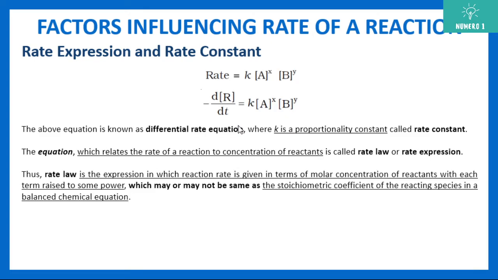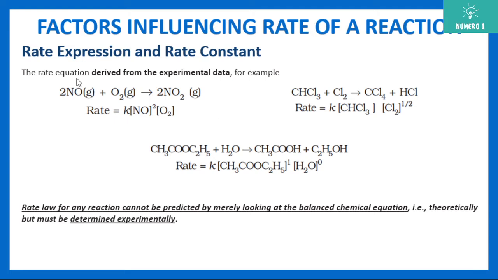We will see why. Here are some examples of rate expressions and rate constants. These are actually derived from experimentation only. For 2NO plus O2 gives this, if you see, the exponents are exactly the same as the stoichiometric coefficients.